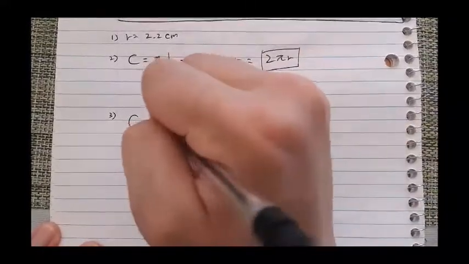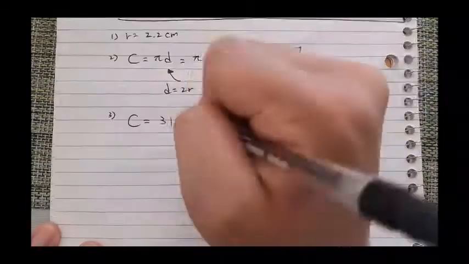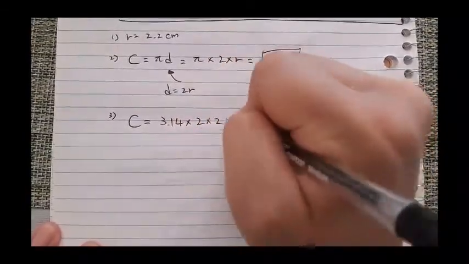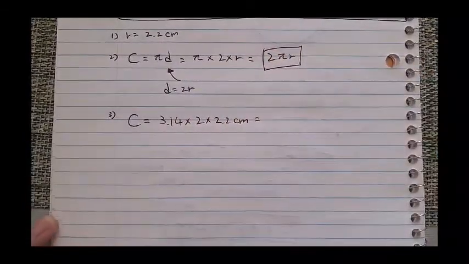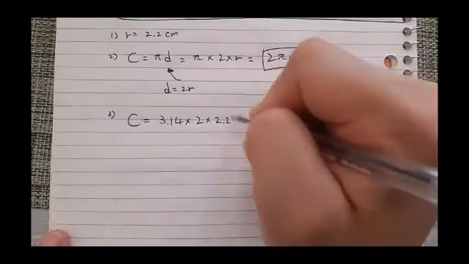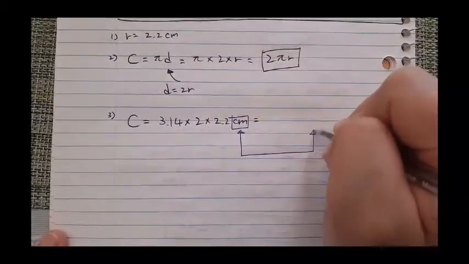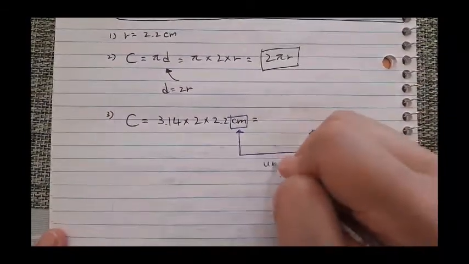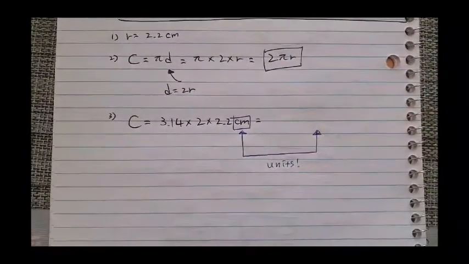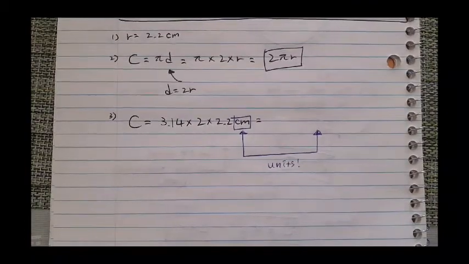C is equal to pi, which is 3.14, times 2 times 2.2 centimeters. As I emphasized, it is important to include units because it is a measurement problem.